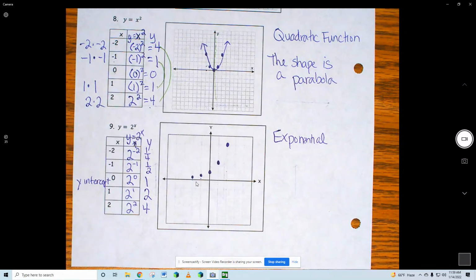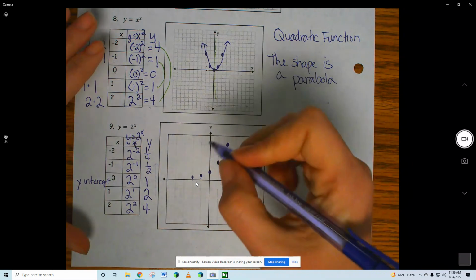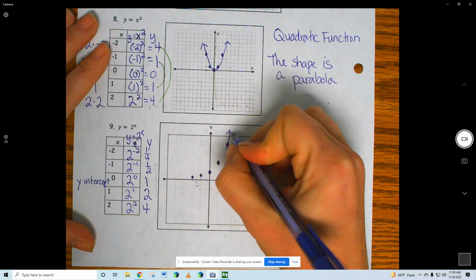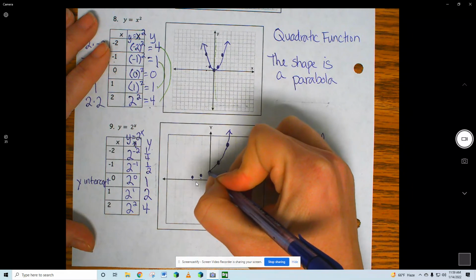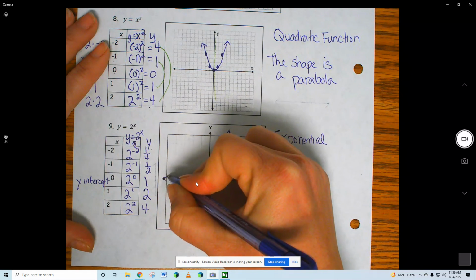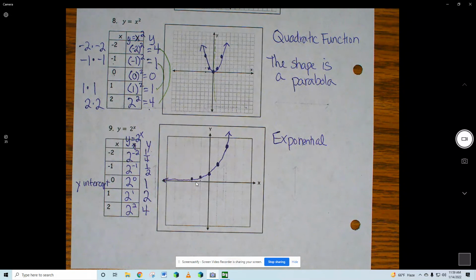This slow, gentle curve, I want your graphs to be curvy. It's never going to touch the x-axis. It's going to go up forever. Now, it gets close, close, close, but it never actually touches that x-axis. Even at negative 100, it's even closer, but it just doesn't touch.